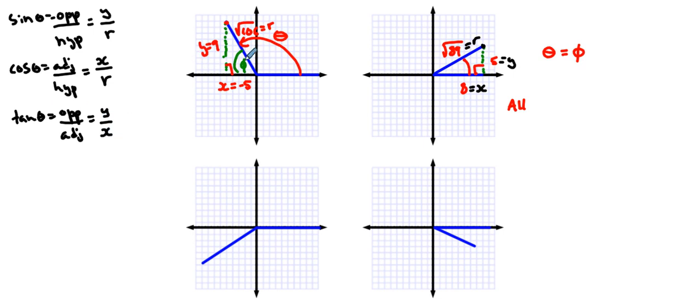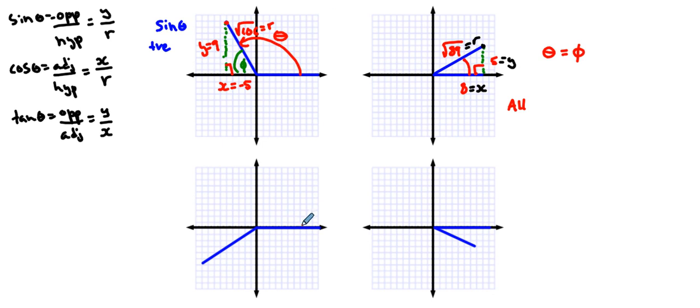So it appears that in the second quadrant only sine is going to be positive. So here we'd have sine theta being positive. And you might say, well, we did that with respect to phi, but there is a relationship between phi and theta. So in the second quadrant, sine will be positive.